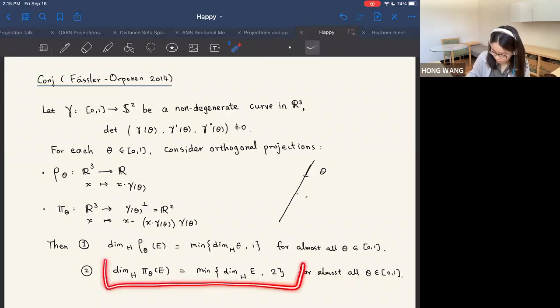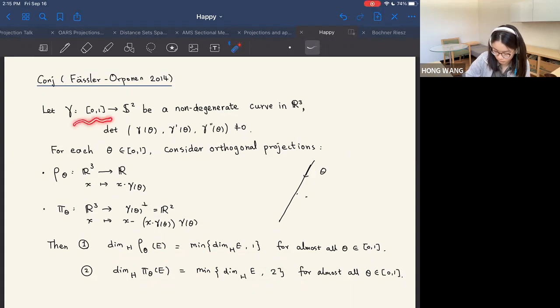So this result is like Marstrand's projection theorem in R3, but the difference is that we now restrict the set of directions to a non-degenerate curve on the unit sphere. Previously in Marstrand's theorem and also Mattila's generalization, we were allowed to choose all possible unit vectors.